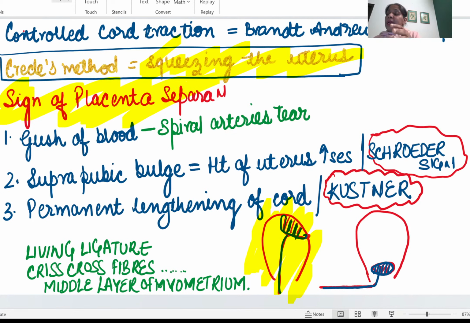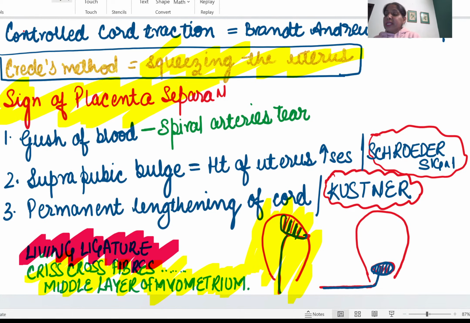That is why after separation, the spiral arteries get squeezed in between this crisscross arrangement of fibers and stop bleeding. That is why this crisscross arrangement is also known as the living ligature.